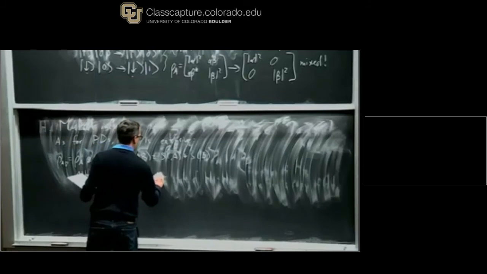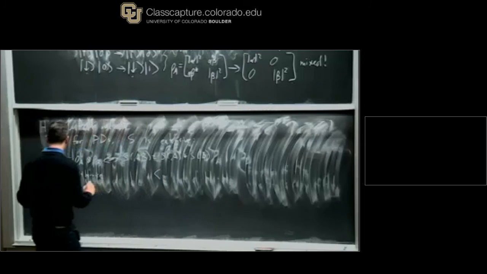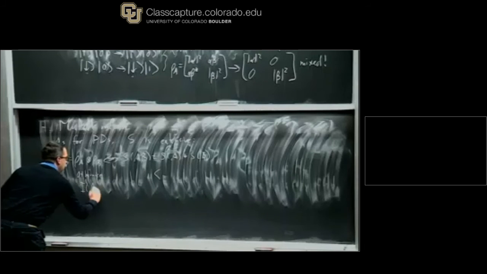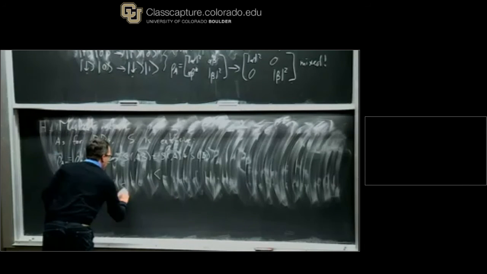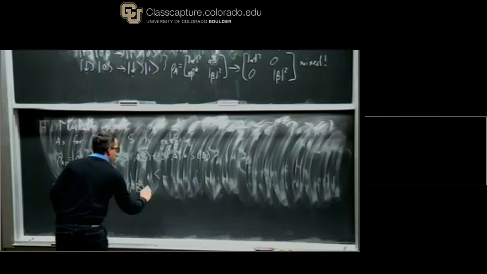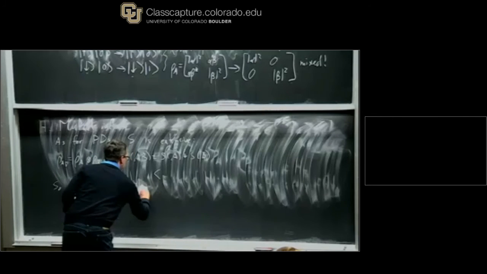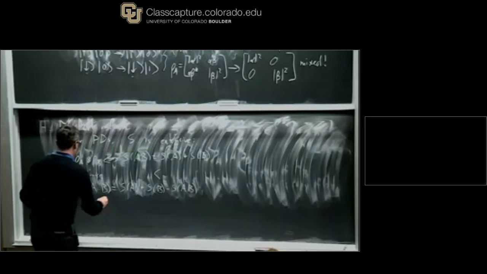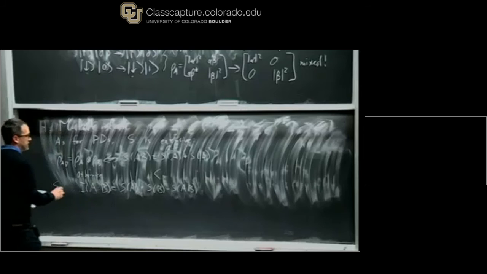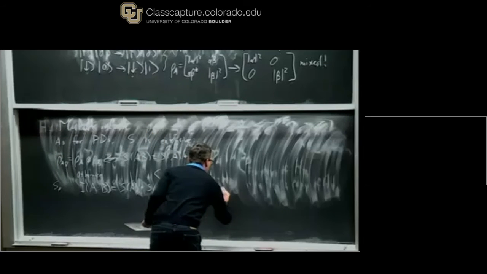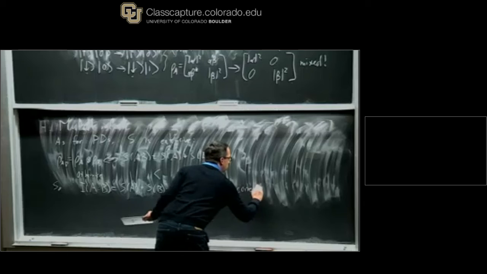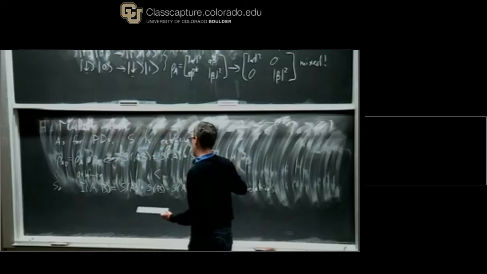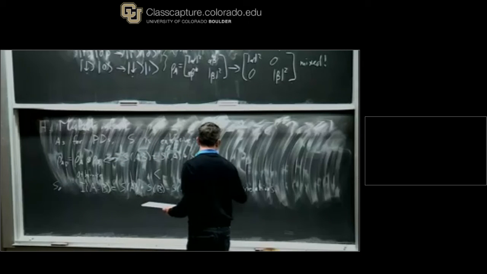So otherwise, this is a less than. Okay. So if we define the mutual information in the same way we did classically, then this thing quantifies correlations. This fact is called subadditivity.